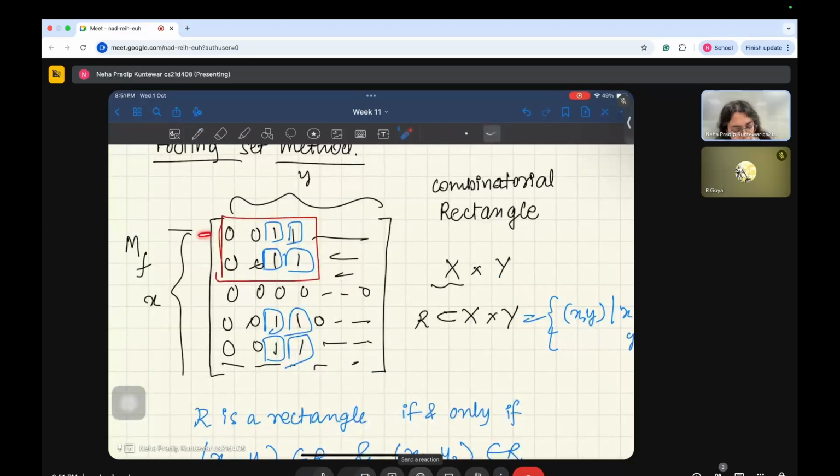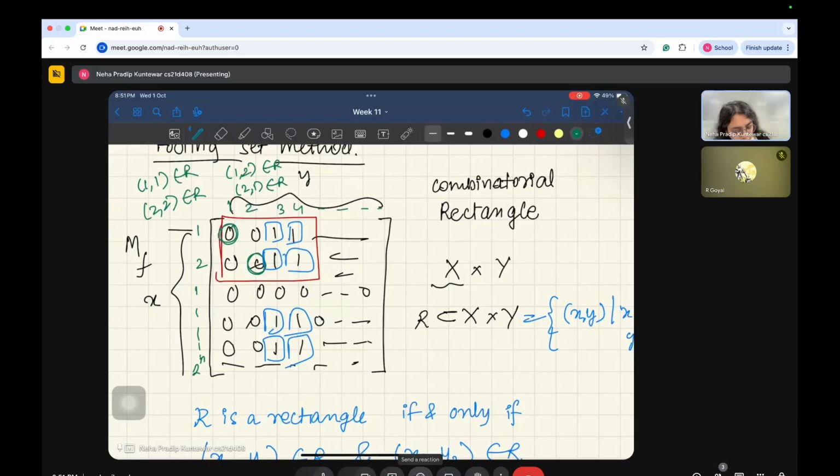Okay, 1 comma 1 is in my rectangle, and I'm indexing these by 1 2 3 4, let's say. And 2 comma 2 is in the rectangle, then by our definition 1 comma 2 should be in the rectangle and 2 comma 1 should be in the rectangle.